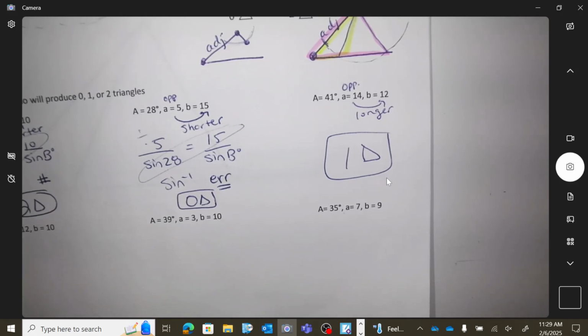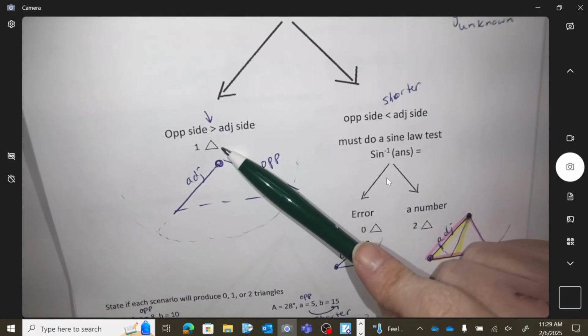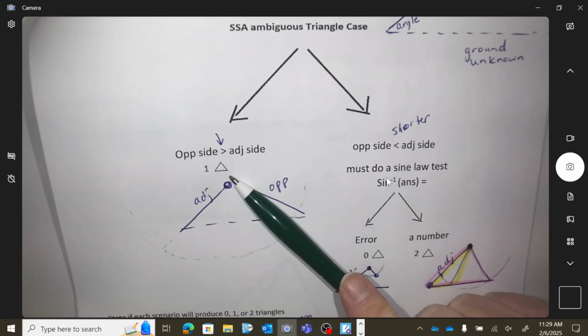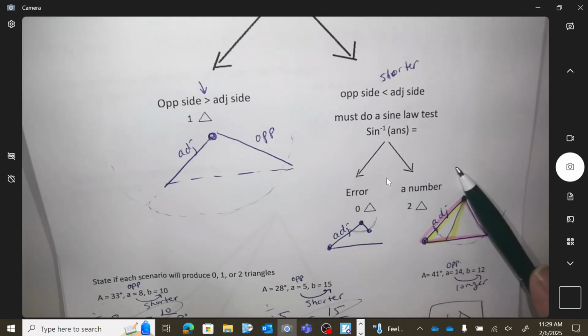Do you want me to do 3 more examples? They're all just the same thing. Or we're good with that? Just identify your opposite. So step 1, identify opposite. Talk to me if it's longer or shorter. If it's shorter, test, number or error.